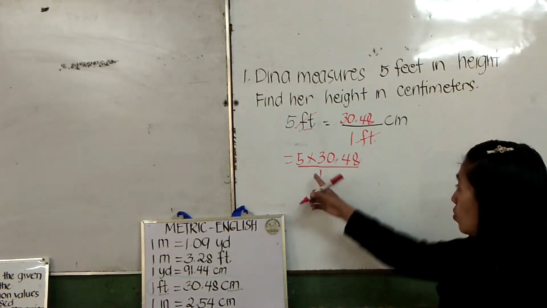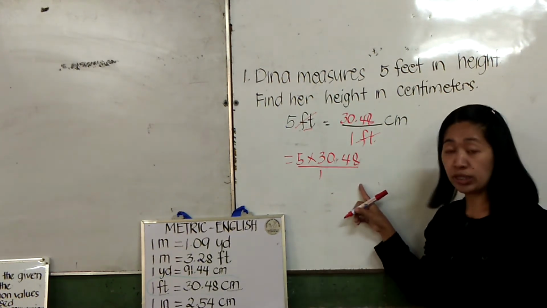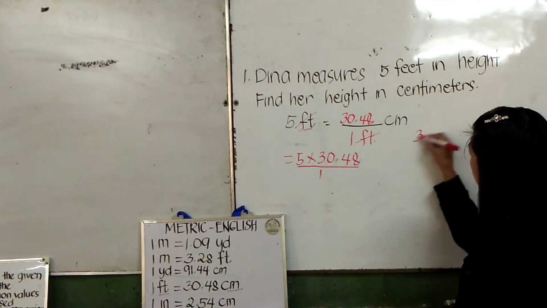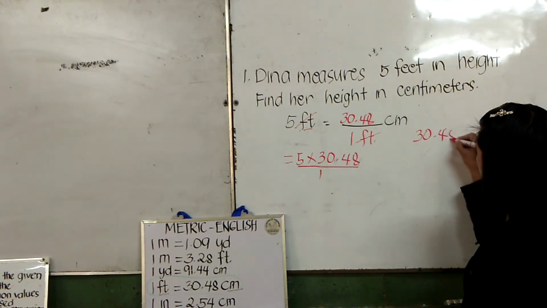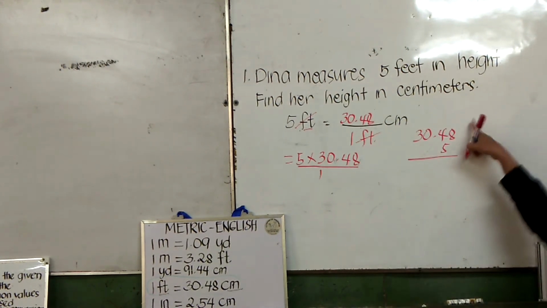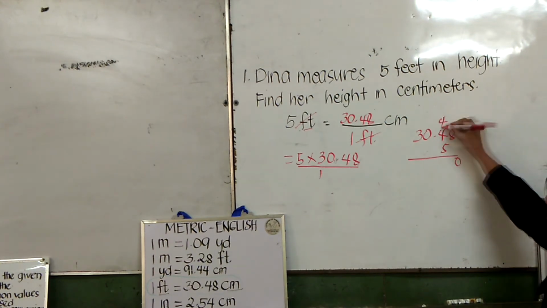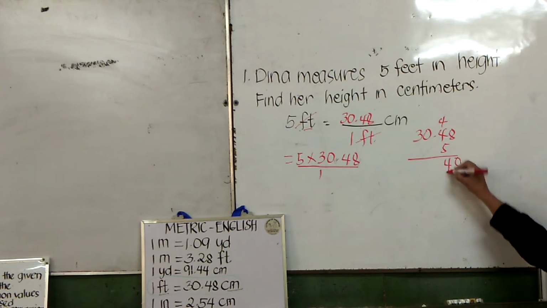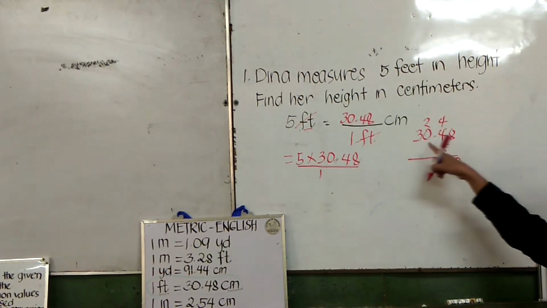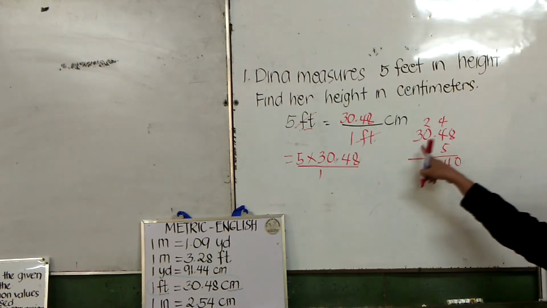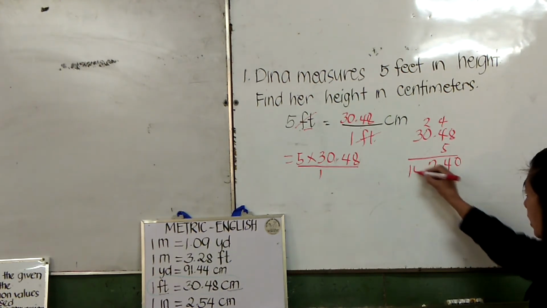After we have written it, we will proceed to multiplication. So 30.48 times 5. 5 times 8 is 40. 5 times 4 is 20, plus 4 is 24. 5 times 0, 0. So just bring down 2. 5 times 3 is 15.